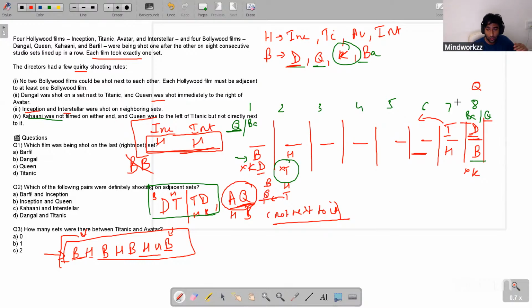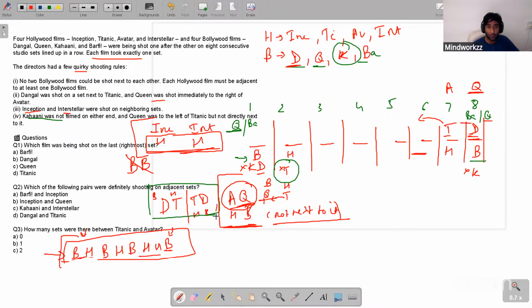I'm just trying to show you through the question by taking some assumptions. If you end up placing Queen on the right, then you have Avatar on the left next to Queen. This is a possibility which will not conflict with the clue we have.